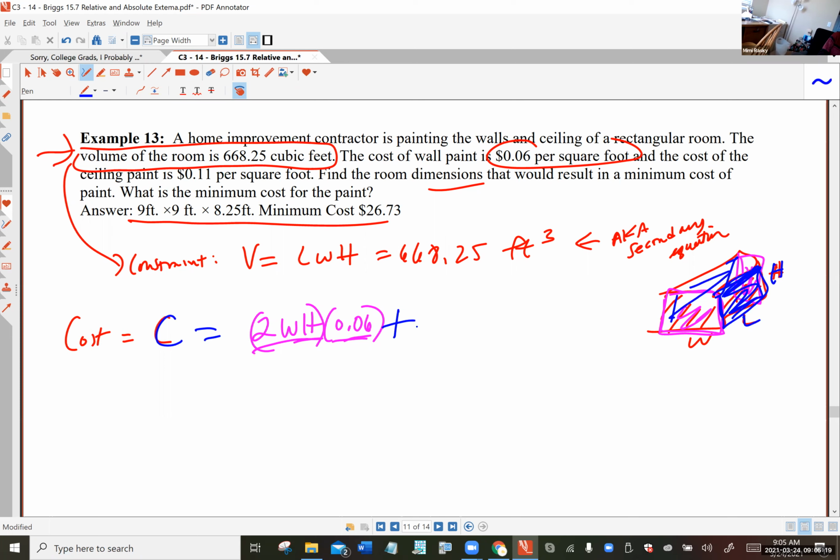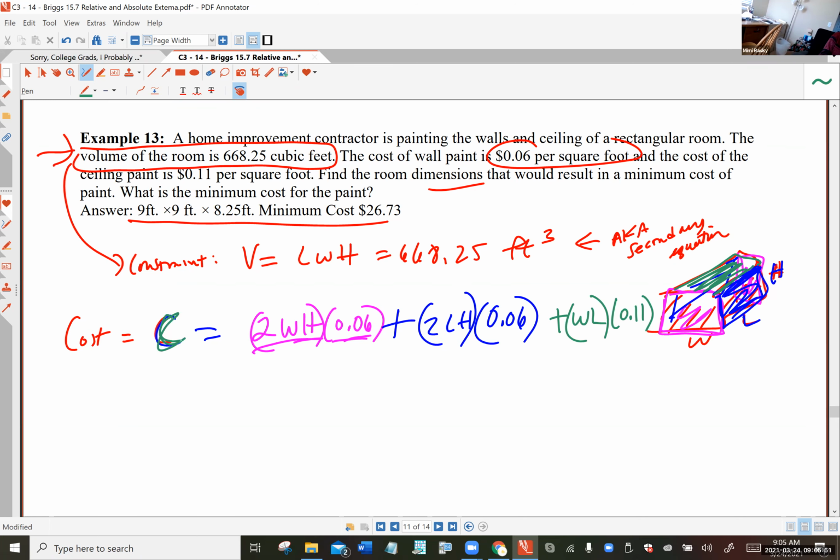Now let's talk about the ceiling. The area of it is WL. There's only one of those, not two, one ceiling. You're not going to paint the floor. But the ceiling square footage costs us 11 cents per square foot. So folks, this is the cost function right here.